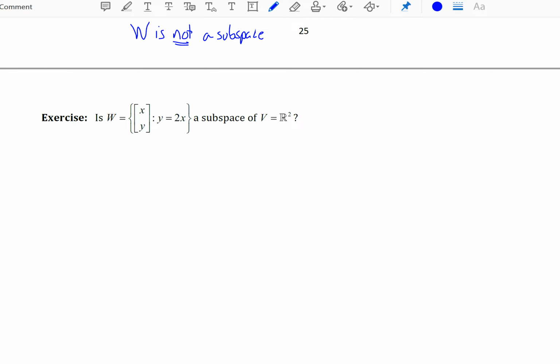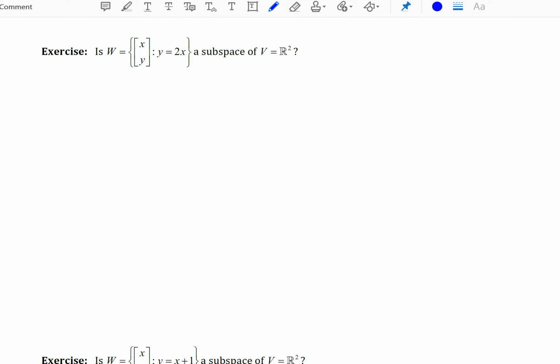Let's try another example. Consider the set W, the set of ordered pairs x, y, where y is always double what x is. Is this a subspace of R2? So is W a subspace of R2?